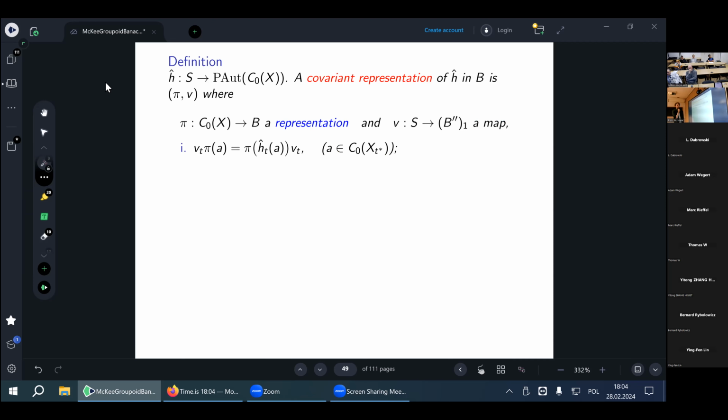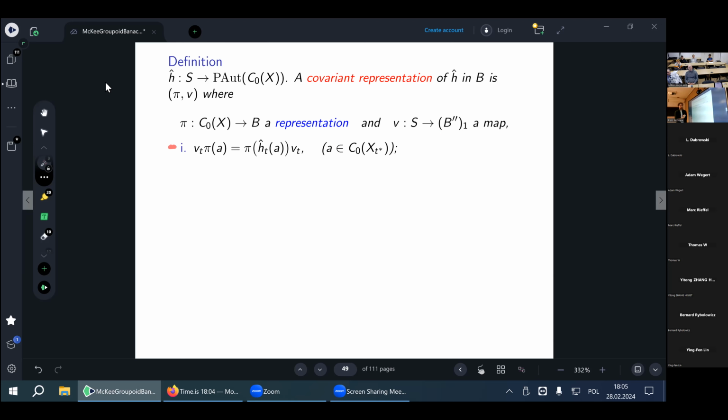So a covariant representation of this action on C0 of X by partial homomorphisms in a Banach algebra B consists of two things: a representation pi of C0 of X and a map V, which takes values in the unit ball of the second dual of B. I'll try to explain why this is here in a moment. This pair should satisfy some properties.